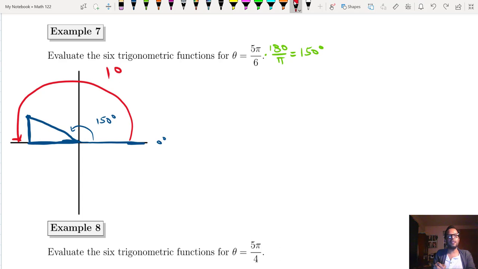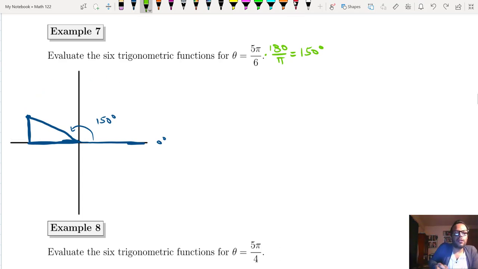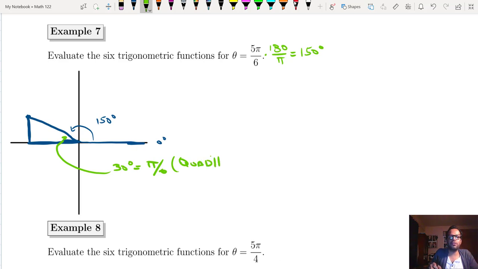The difference is no other than 30 degrees, right? So what do we have? We have 30 degrees, or pi over 6, however, on the second quadrant, right? I'm going to use quad 2 to denote second quadrant, right?